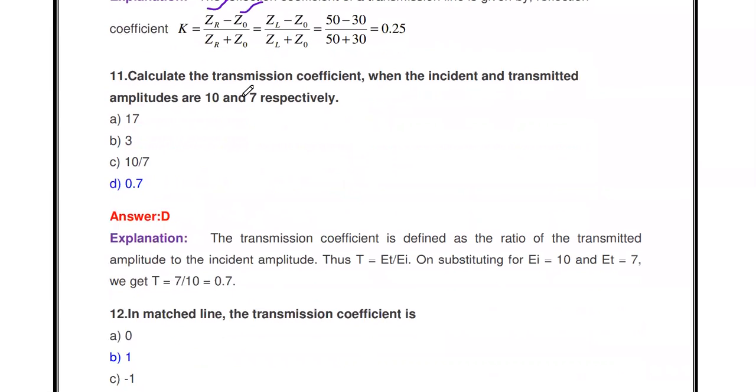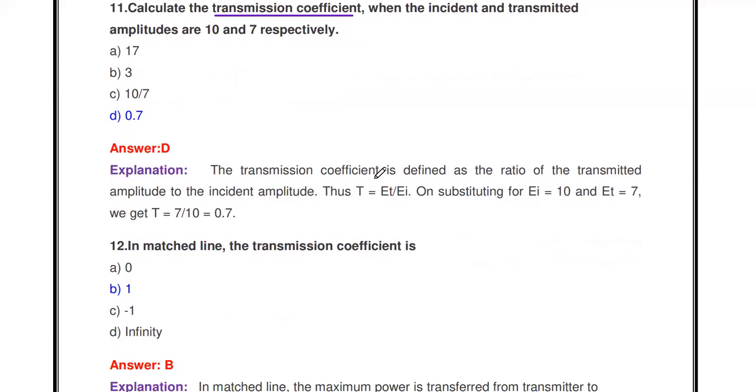Then the next question, calculate transmission coefficient when incident and transmitted amplitudes are 10 and 7 respectively. The transmission coefficient is the ratio of transmitted amplitude to the incident amplitude.